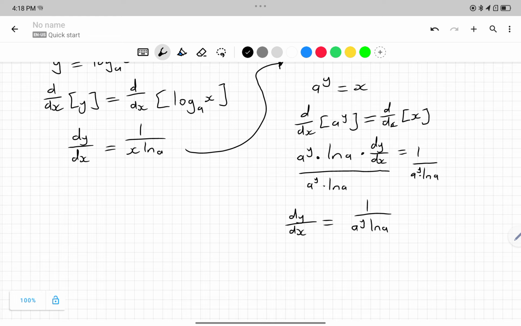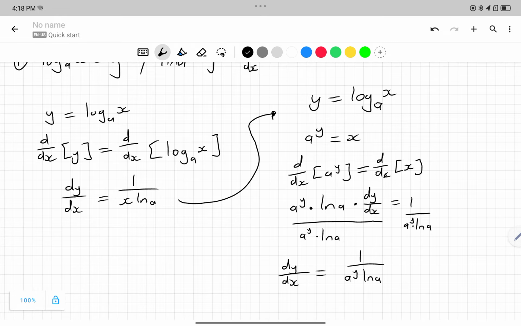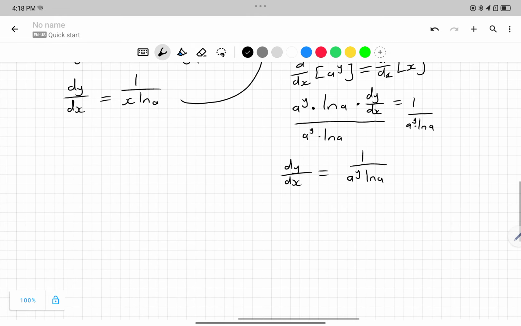But we know that y is equal to log base a of x. So dy over dx is equal to 1 over a to the log base a of x, then ln a.